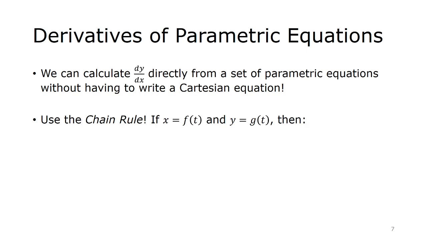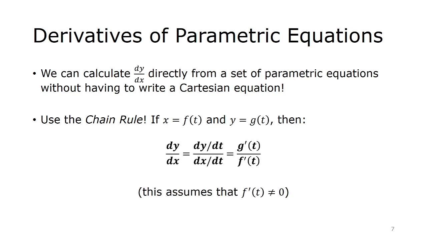So if we define x and y both in terms of t, here we call it x equals f of t and y equals g of t, then what we can do is calculate dy dx by using a chain rule derivative. We can say the derivative of y with respect to t divided by the derivative of x with respect to t is equivalent to dy dx.